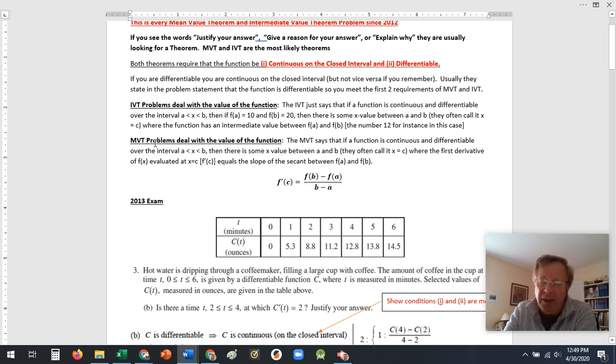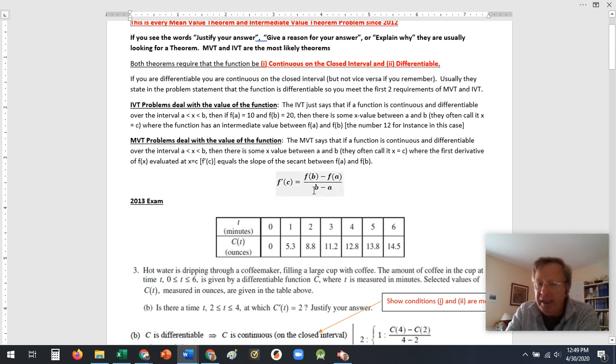MVT shows up a lot more often, mean value theorem. So again, the function's got to be continuous and differentiable over the interval. If they are, then what the mean value theorem says is that there's some x value between a and b, and again they often use the letter c, where the first derivative of the function evaluated at c, and guys, that's f prime of c, equals the slope of the secant between f of a and f of b.